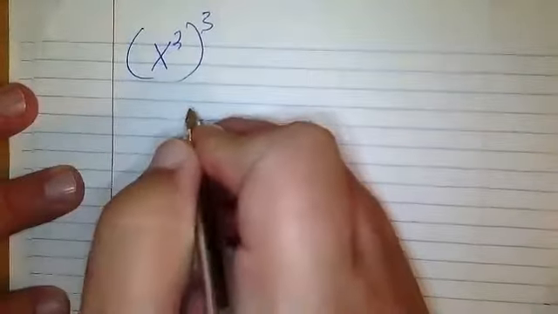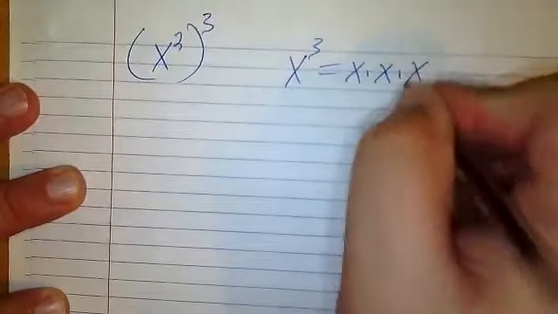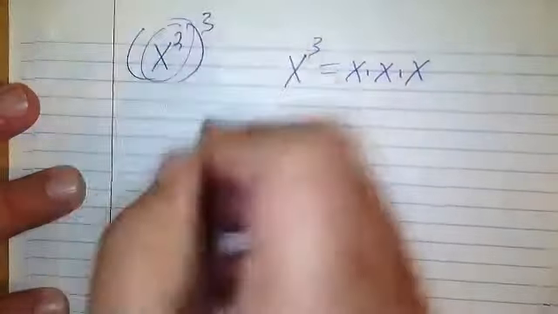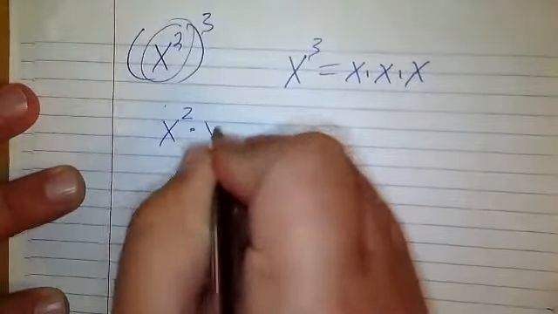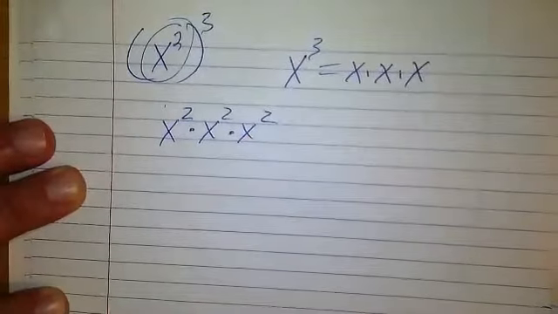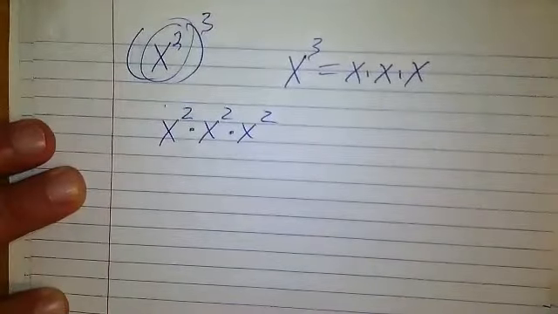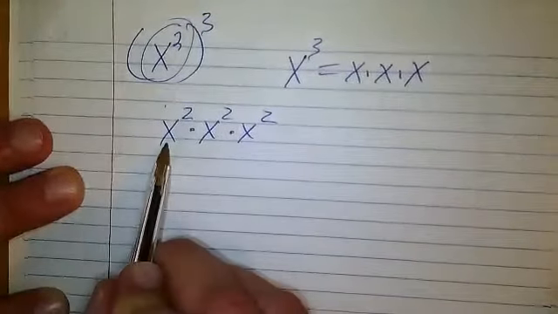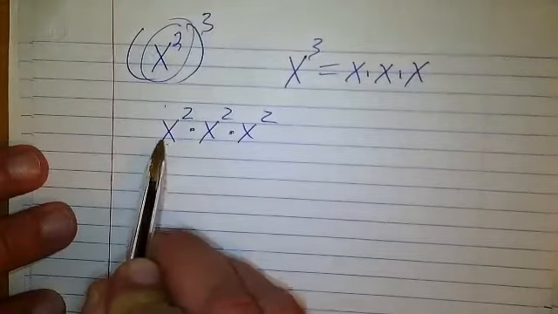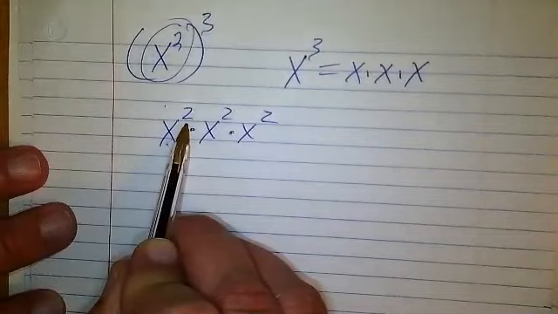Well, let's think about what this actually means. x to the 3rd literally means x times x times x, right? But if I'm cubing x to the 2nd, it literally means this, right? Doesn't it literally mean that? Because it's saying whatever is inside these parentheses, I want you to multiply 3 of those by each other. Well, how many x's do I have here? Not 1. What does this number tell you about how many x's are there?